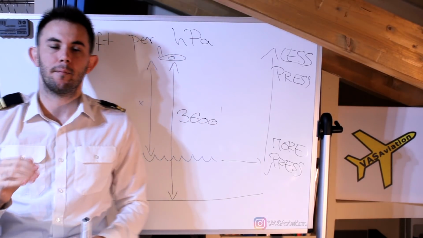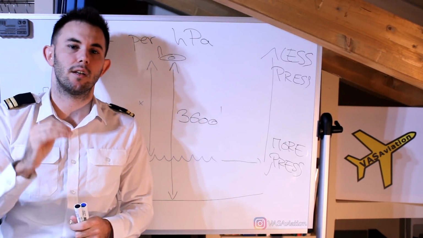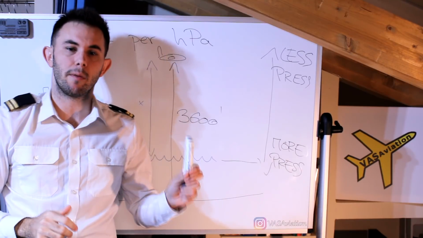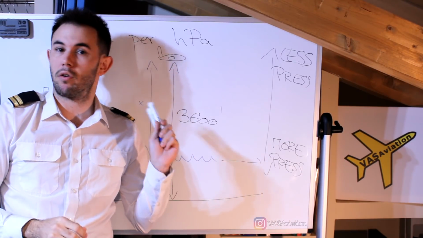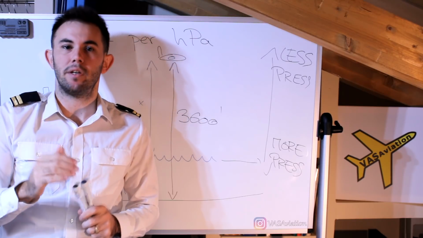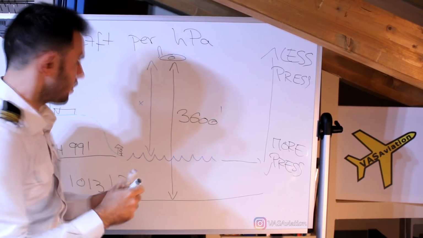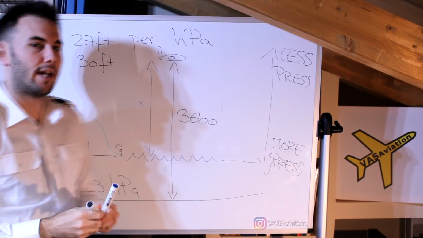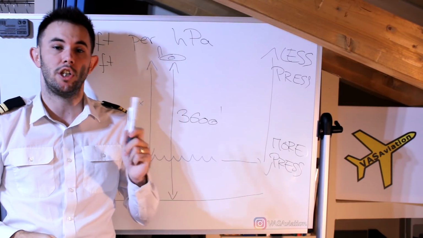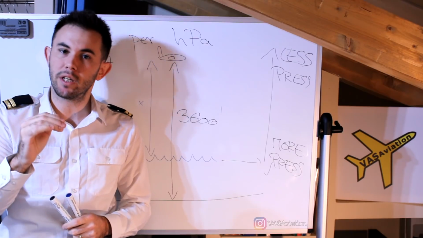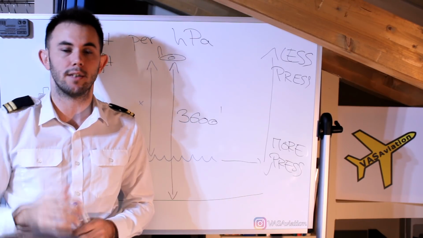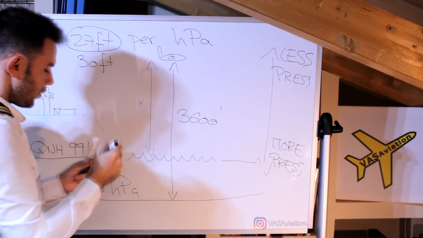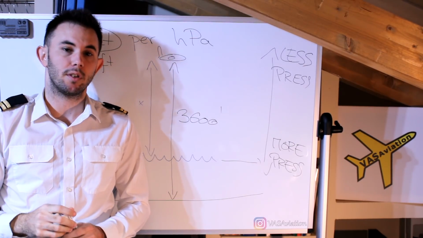And here's a little piece of advice that I want to tell you. If I remember correctly, there are 3 subjects within the ATPL examinations that are about altimetry: instruments, general navigation, and meteorology. From my experience, you can use 30 for most exercises in instruments and general navigation, but I highly recommend, if they're not telling you otherwise, that you use 27 for meteorology problems.